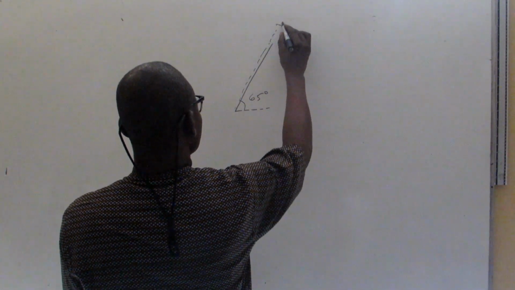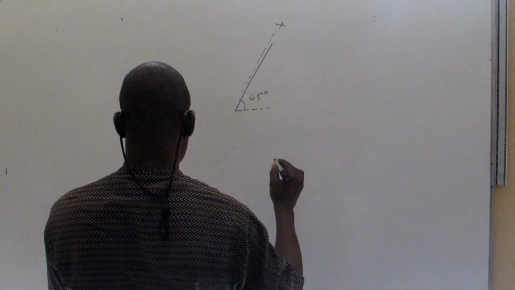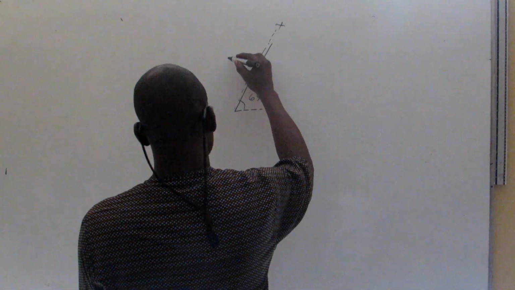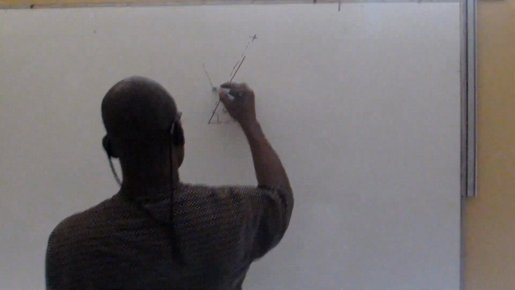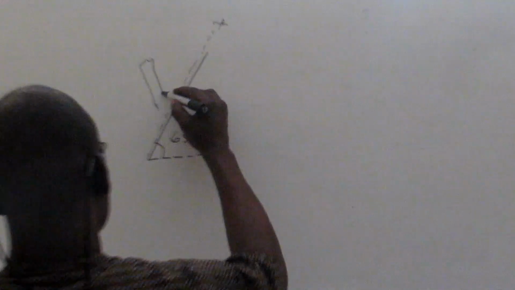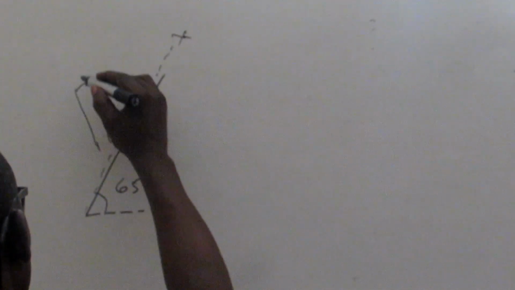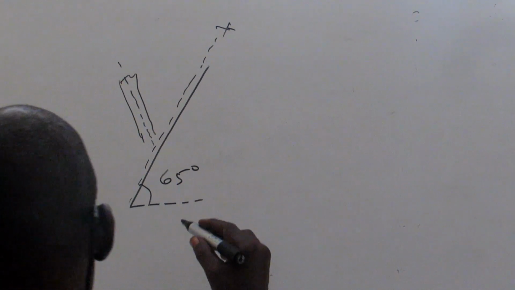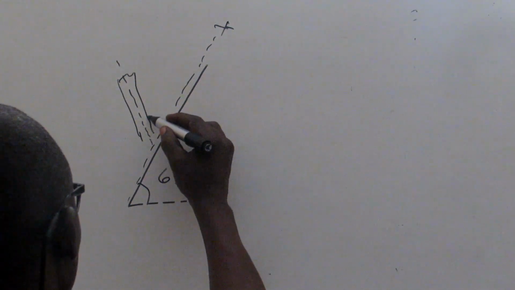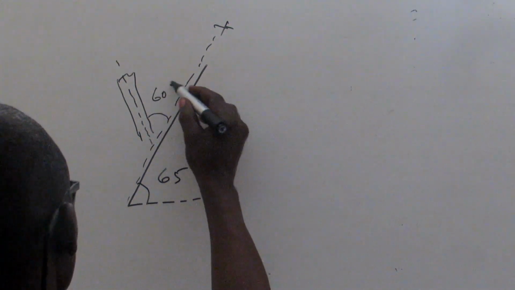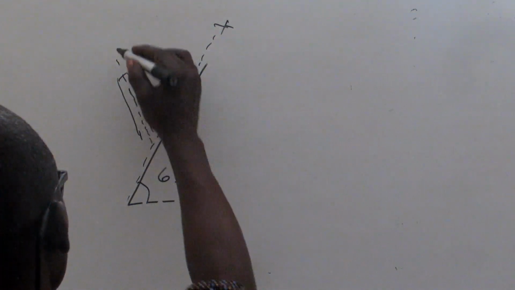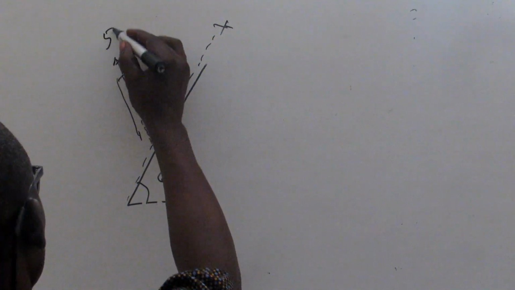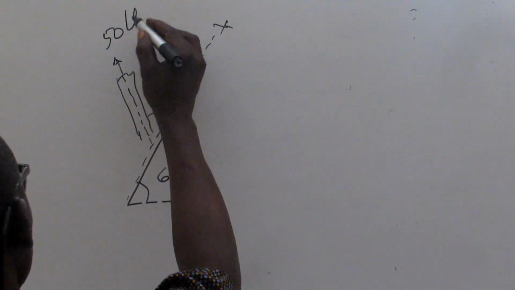We'll call this the X direction. And then here, I have this as 60 degrees, 50 pounds.